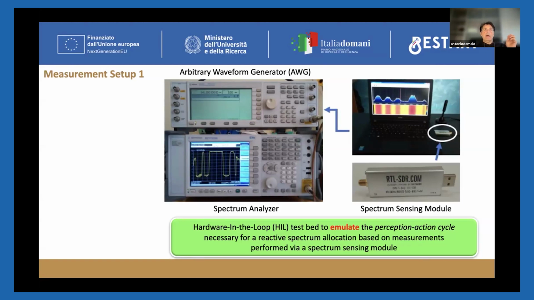The test bed is composed of a software-defined radio device to measure the actual spectrum occupancy, a standard personal computer, a laptop, which serves as digital signal processor to perform spectrum sensing and also to design waveforms complying with the spectral compatibility requirements. Then there is an arbitrary waveform generator to synthesize and transmit the desired waveform.